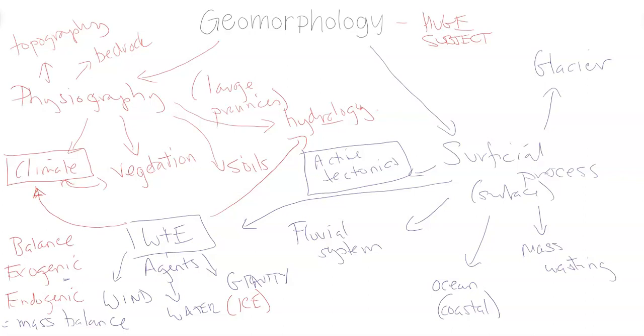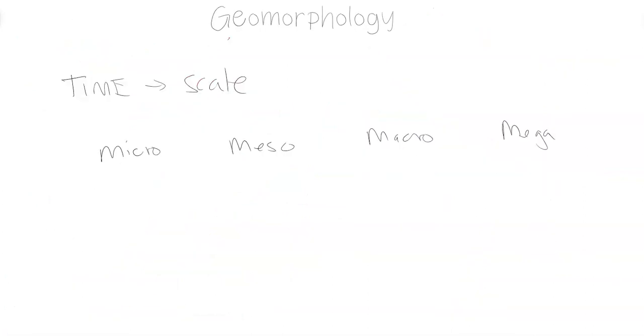So in terms of timescales, geomorphology works over different timescales, and different parts of each division, let's say fluvial versus glacial versus coastal, they have different timescales. So for us to study this, we need to understand that things happen over different timescales, different locations and environments to create the different landforms and the changes that occur.